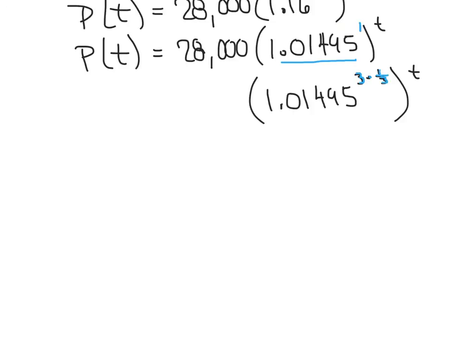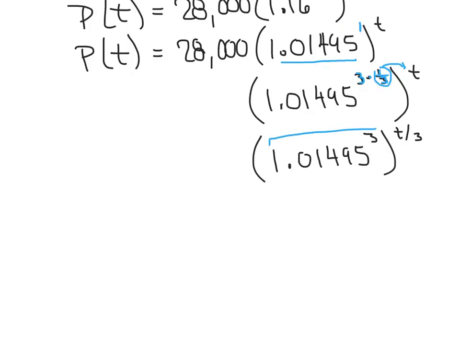Of course it is. 3 times 1/3 is 1. Now what I'm going to do is pull this out here. And that's going to give me exactly what I want to see on the outside. 1.01495 raised to the 3rd raised to the t divided by 3. Now I'm going to grab my calculator and type this part into my calculator to get my new base value.